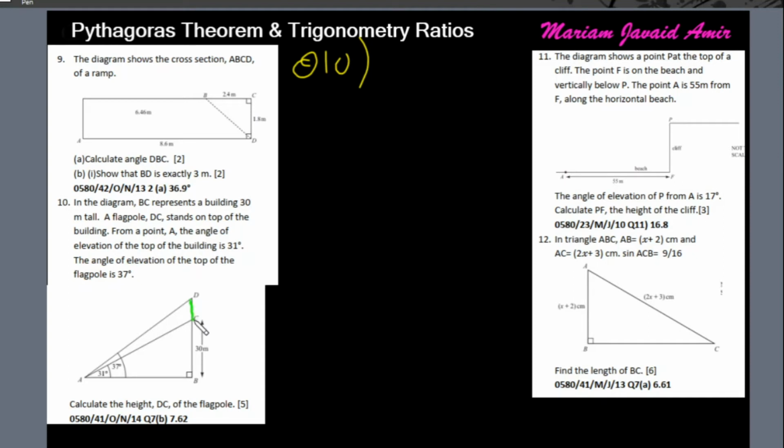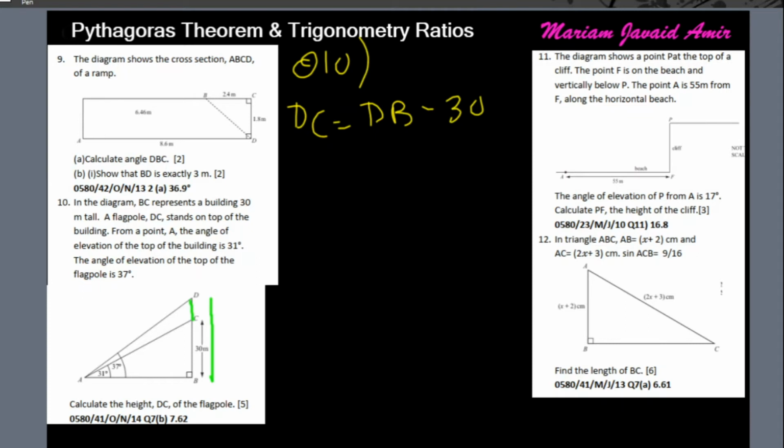What we can do is calculate the whole height DB, and then from that subtract 30 and get DC. So I want to find DC by first finding DB and then subtracting 30 from it. This is our final agenda. Now how do we find DB?